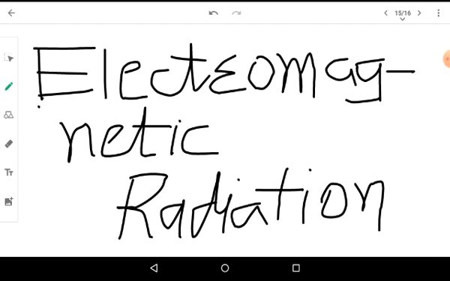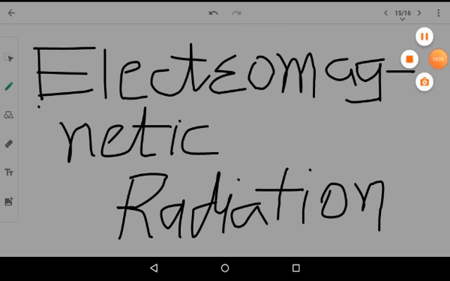So these electromagnetic radiations were transmitted in form of waves. He named his theory as electromagnetic wave theory. You can study more about that on internet.